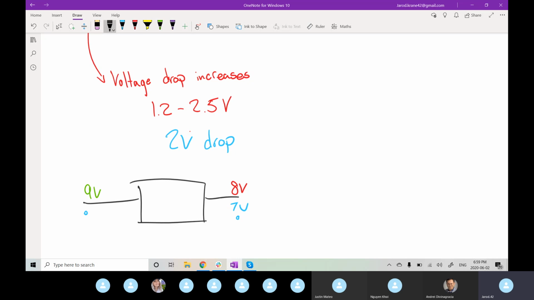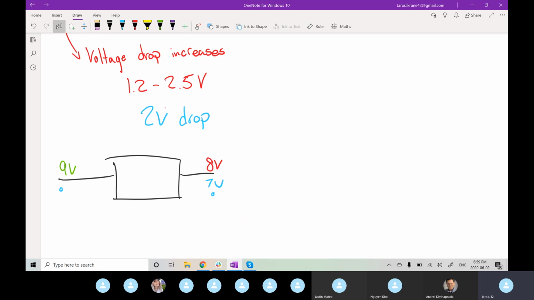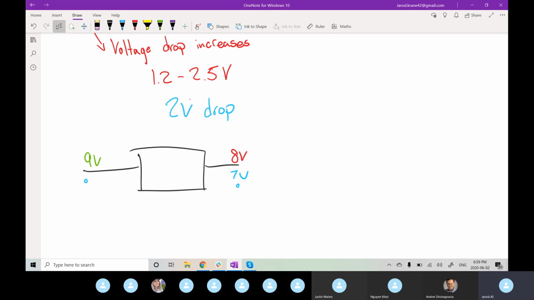This is more commonly seen, or matters more, when we have more practical systems where we have 5-volt inputs and we want, say, 3.3.